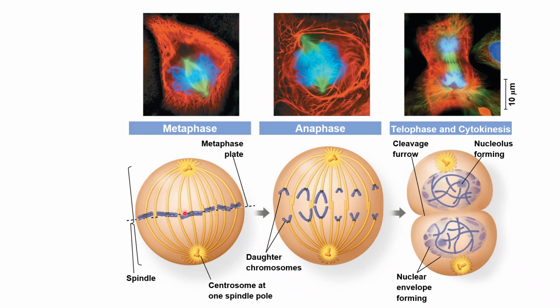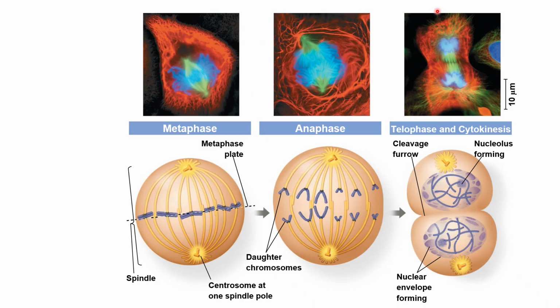So we have one connecting on this side, one connecting on this side, and it's going to start moving the chromosomes back and forth until all of them are aligned in the middle, just as if they were on a plate. So this line where all the chromosomes align together is what they call the metaphase plate.